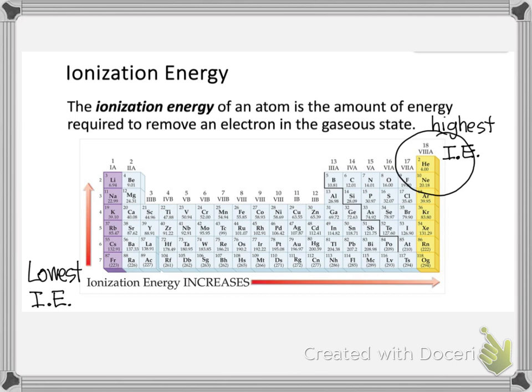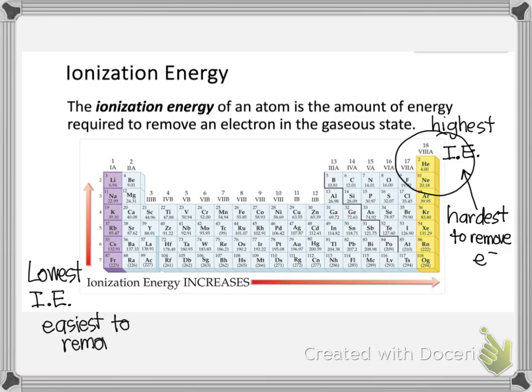It also means that it is hardest to remove electrons, or I should say requires the most energy, from these, and it would be the easiest, or I should say requires the least amount of energy to remove them here.